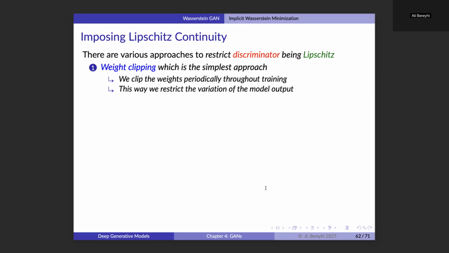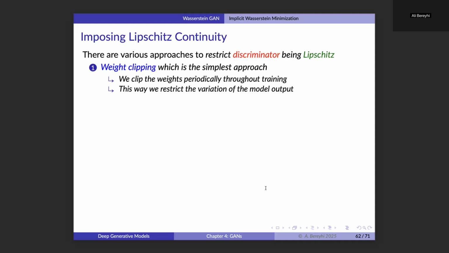Now, there are a bunch of computational, numerical approaches to do this. The first one is weight clipping. Weight clipping means that you put a kind of limit on the weights inside the discriminator, and your discriminator cannot have any value outside this limit. So usually you would say, okay, I want every weight to be between minus something and plus something, right? This means that the magnitude of those weights cannot be crazy large.